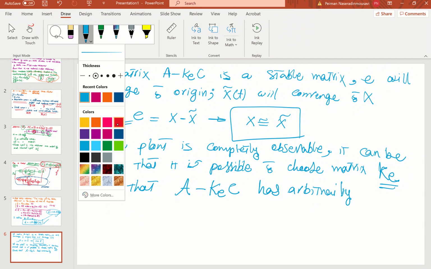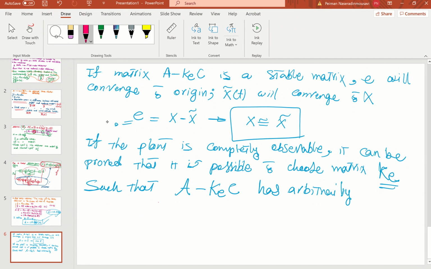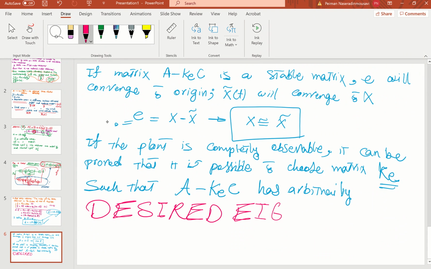I'm changing this because you have seen the control design. They did the same problem; we only changed A minus BK to A minus K_E C. We just switched the place of the B matrix with the C matrix.